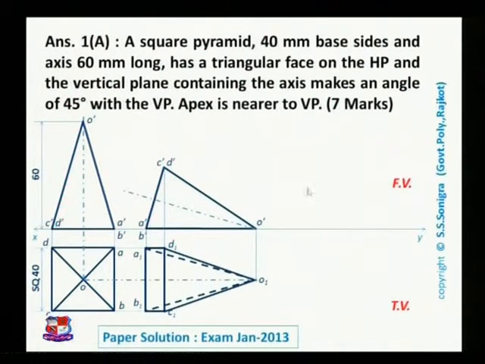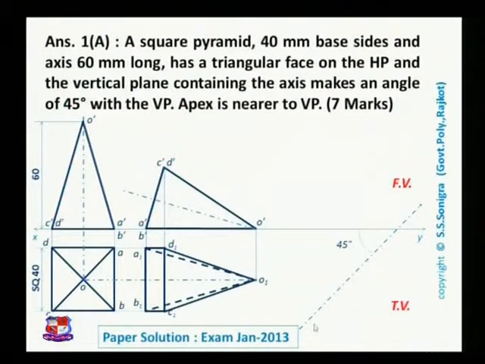Hence we have to draw a line at an angle of 45 degree like this, which makes an angle of 45 degree with XY line. Name the views. This is front views, all these are front views, all these are top views. Drawn above XY line are front views, below XY line are top views.